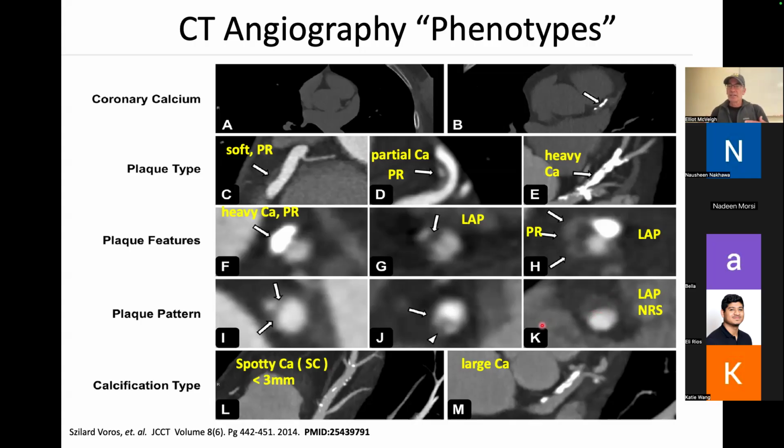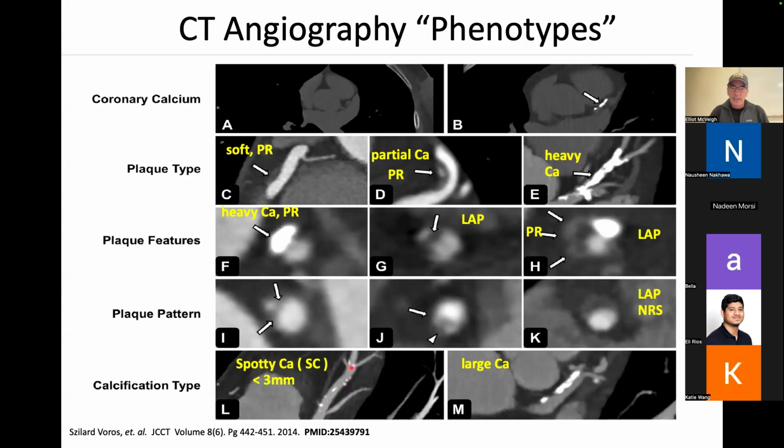And that's where testing resolution with phantoms comes in. If you see clinicians calling this low attenuation plaque, and then you look at your phantom and say, I can generate those in a phantom that doesn't have low attenuation plaque, then you want to be careful. So we're right on the hairy edge right now of the resolution required to make all of these calls.